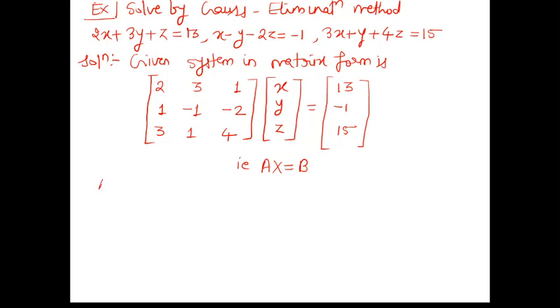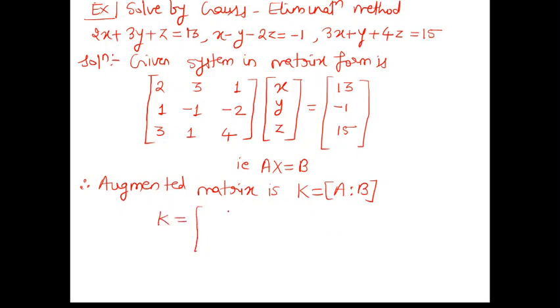And then accordingly we will write the augmented matrix. So the augmented matrix, we denote by the letter K. We write this augmented matrix by augmenting a coefficient matrix with a constant matrix.